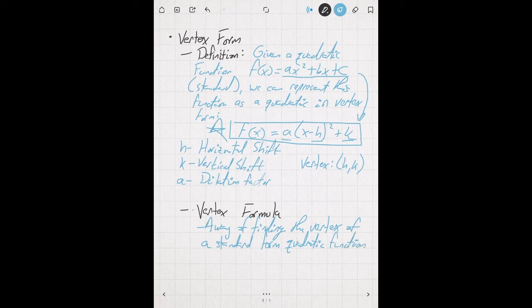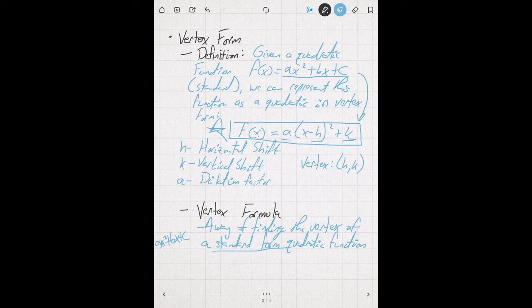So if you had a standard form quadratic function, the formula I'm about to show you will tell you how to find the vertex. Remind yourself that standard form here means ax squared plus bx plus c. Okay? a, b, and c, those are just the coefficients and the numbers that you're working with.